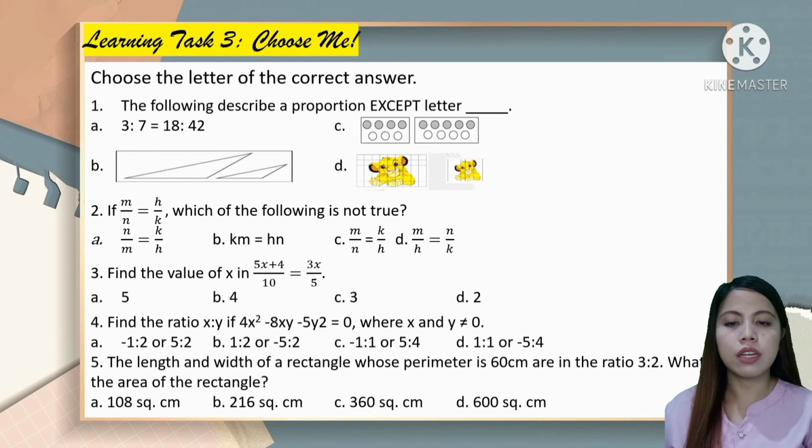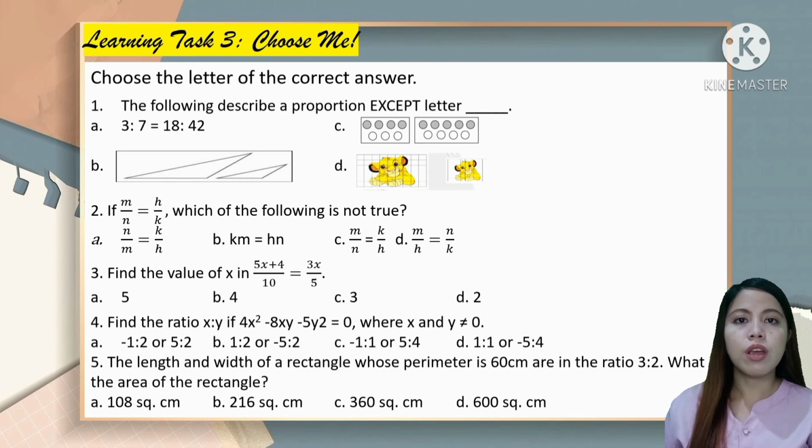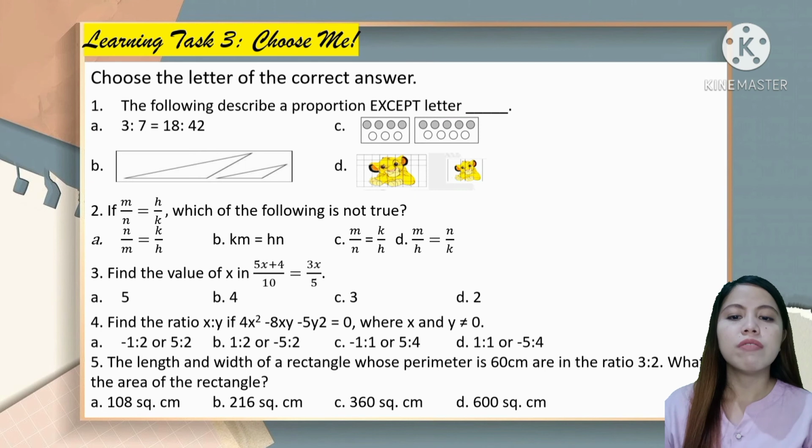Number 3. Find the value of X in 5x plus 4 over 10 equals 3x over 5. Letter A, 5. Letter B, 4. Letter C, 3. Or letter D, 2. Number 4. Find the ratio of x is to y if 4x squared minus 5xy minus 5y squared is equal to 0.